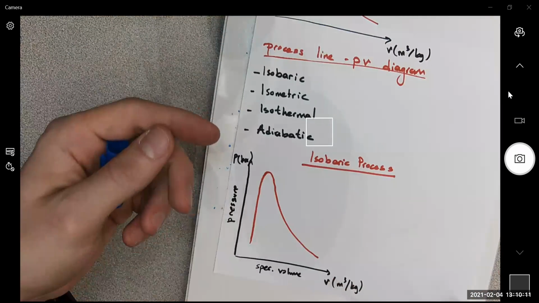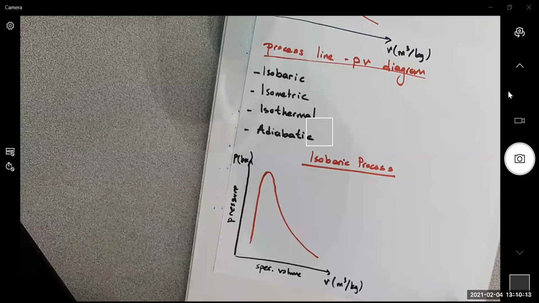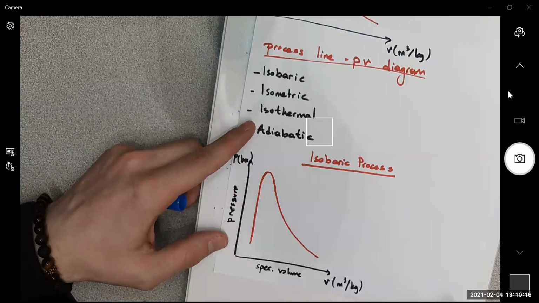For the first experiment, my pressure was P1, at atmospheric pressure.